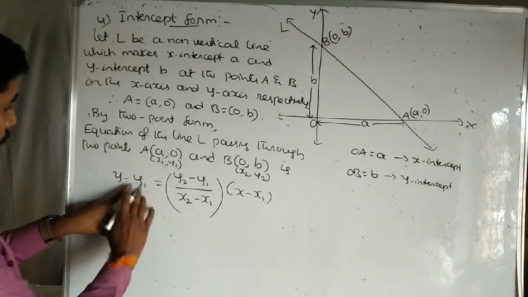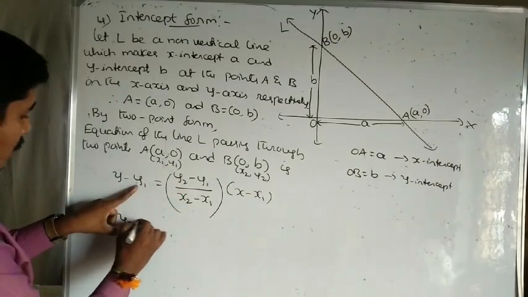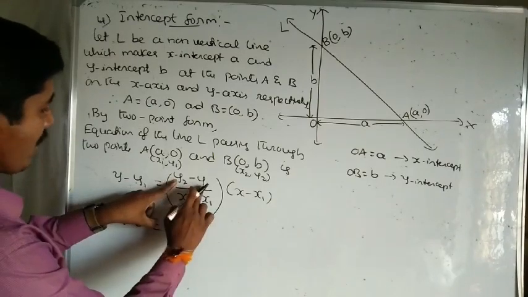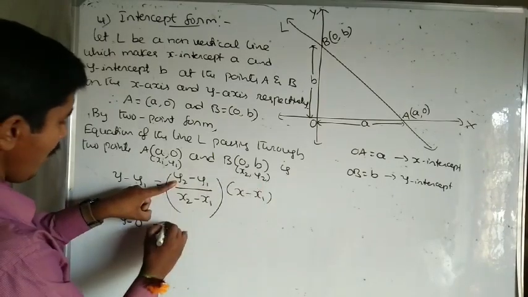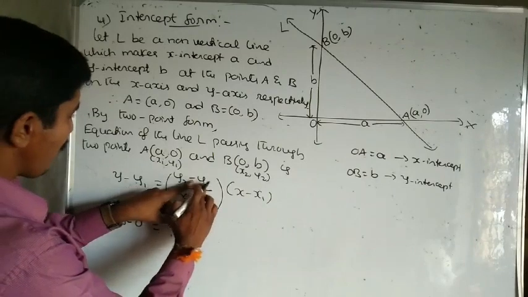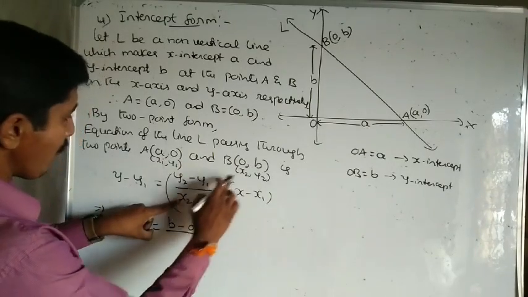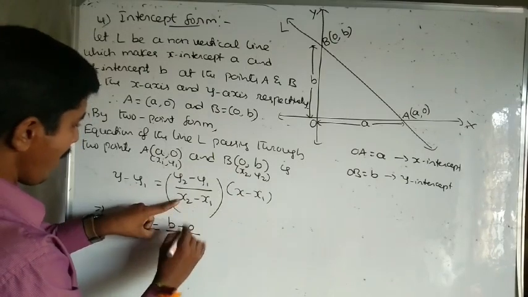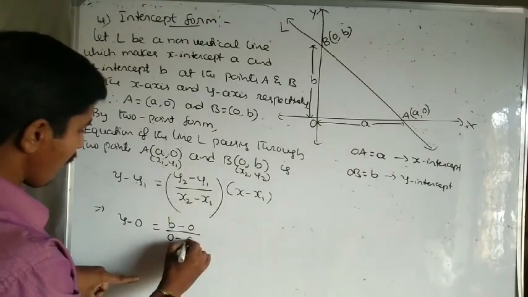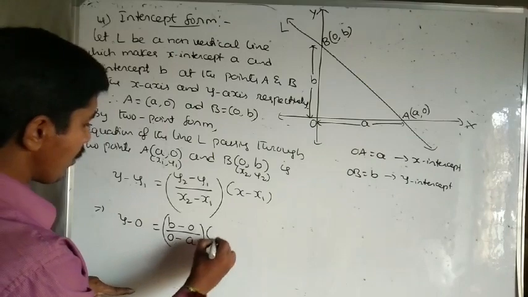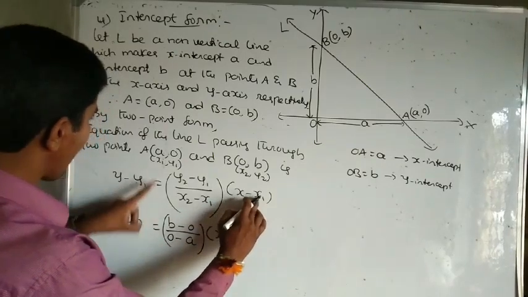Y minus y1 value 0, which is equal to y2 value b minus y1 value 0, divided by x2 value 0 minus x1 value a, into x minus x1 value a.